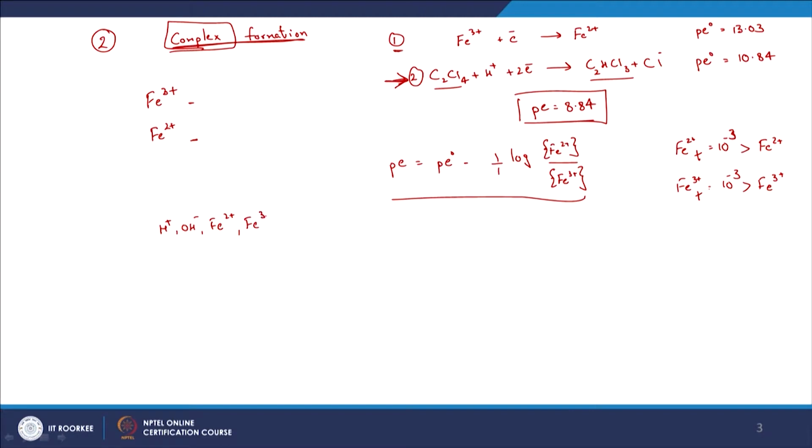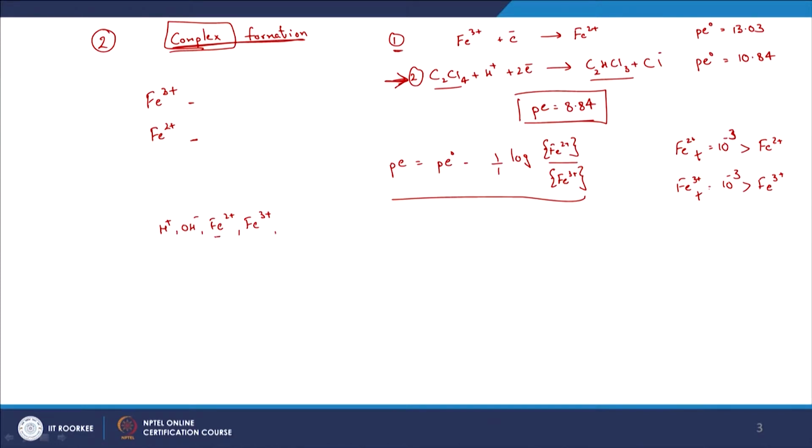So for ease of calculation, and based on the background we have had on aqueous complexes, we know that Fe2+ will form complexes, but not to a great degree. So at least for working out the system by hand, I am going to consider that Fe2+ does not form any complexes, and all the total Fe for 2+ stays as Fe2+ itself.